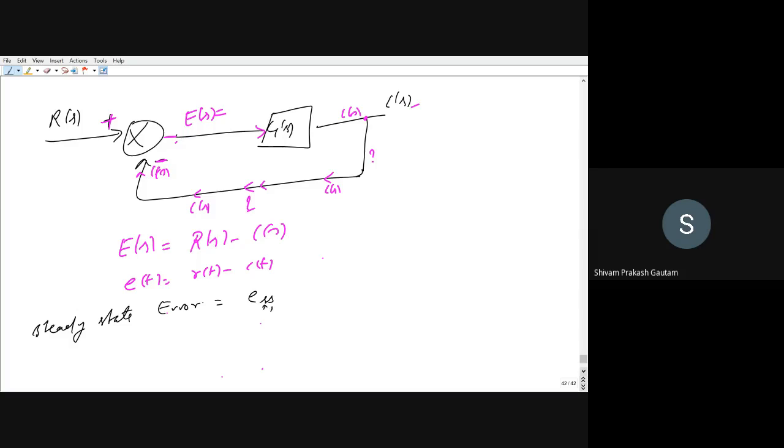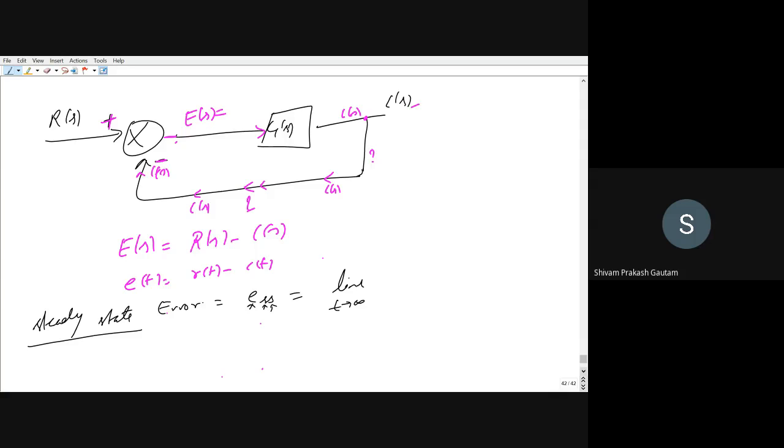S stands for steady, S stands for state, and E stands for error. So steady state error we can write as limit t tends to infinity. Why is it tending to infinity? Because it is steady state error. Therefore, we are assuming that it is reaching the steady state at infinite time.